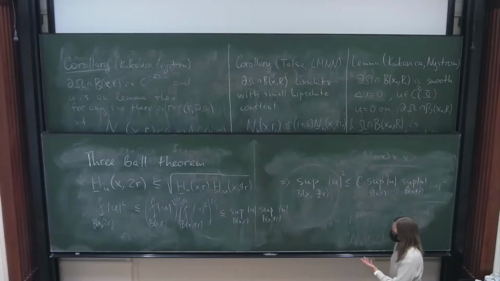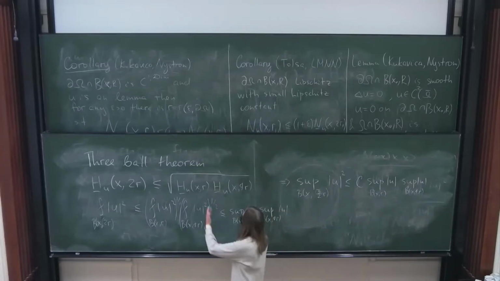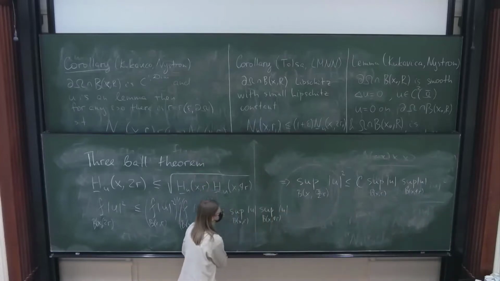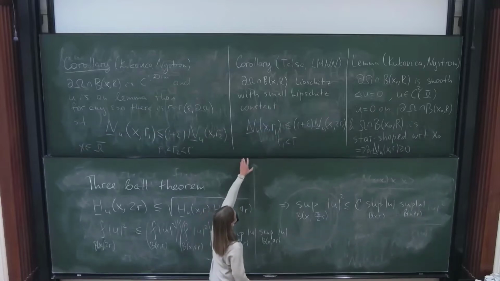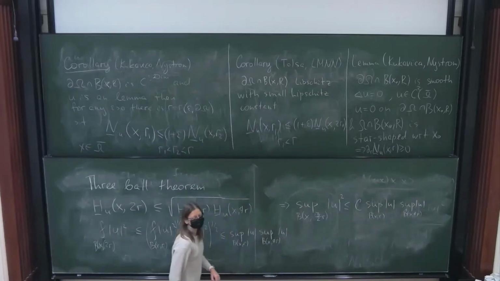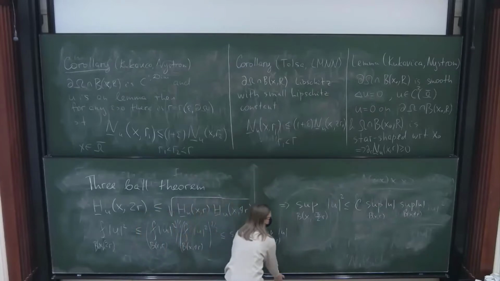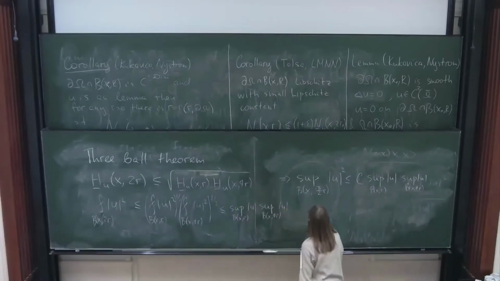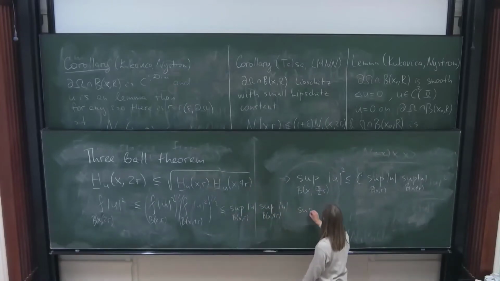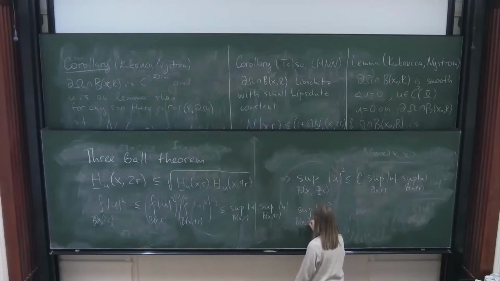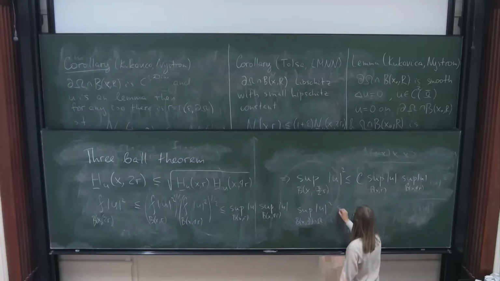We'll need a version of this on the boundary, and that's where the frequency estimates come in. If you take this, for example, with epsilon equal to 2, instead of this inequality we'll have, near the boundary where the function vanishes, an inequality like that.